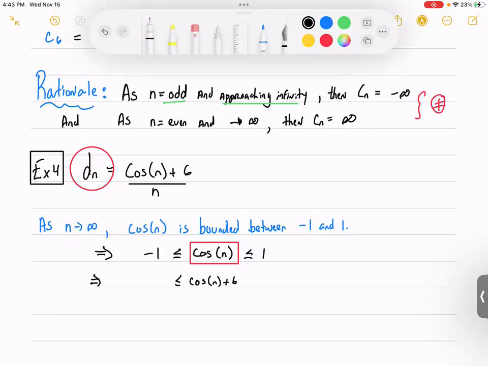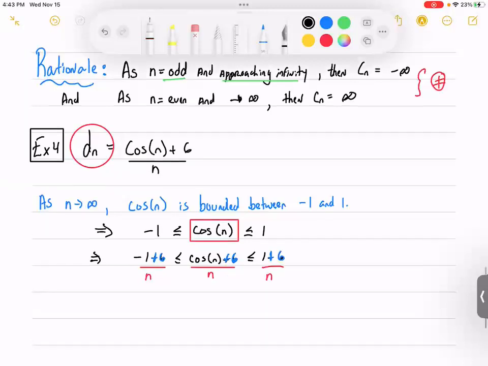Also, if you look at the sequence d_n, in the denominator there was an n. So if I divide the middle by n to mimic d_n, then I have to divide the endpoints by n as well.